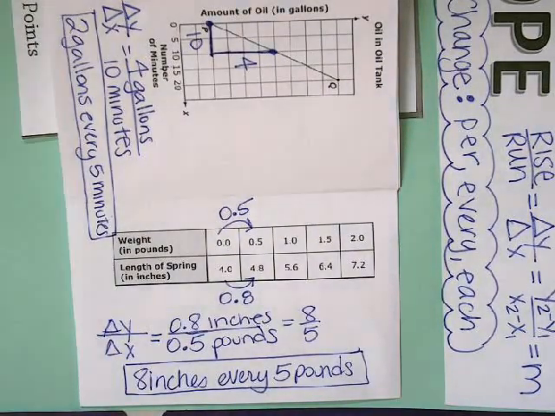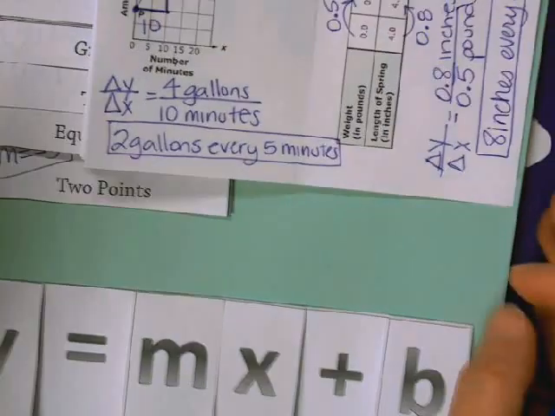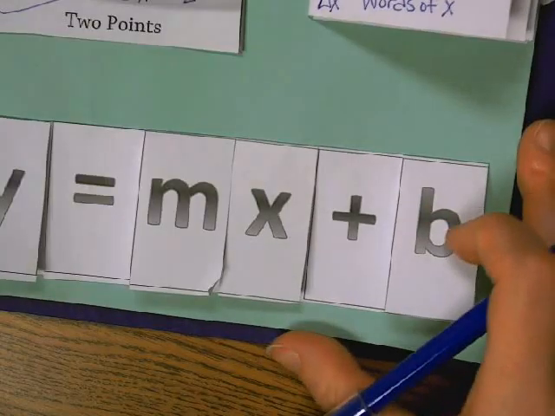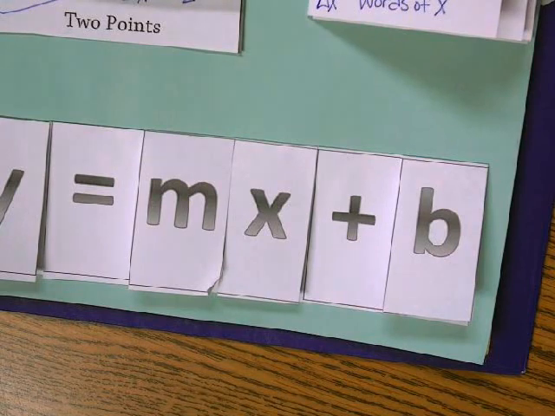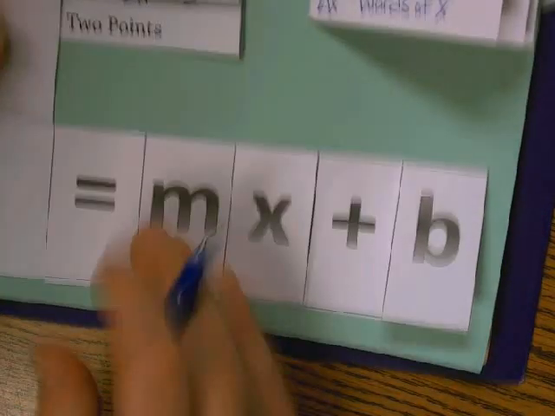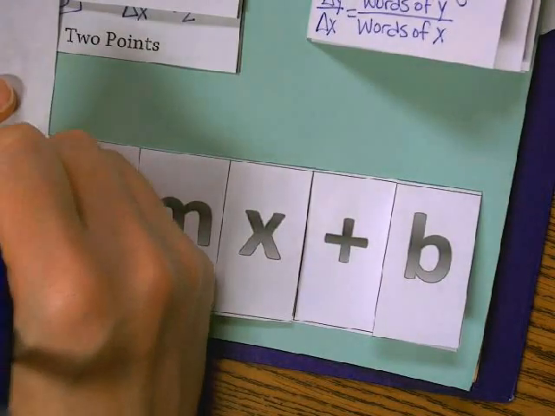Okay. All right. The last little foldable on this paper is this y equals mx plus b foldable, and really all we're going to do here is talk about what each of these parts mean and where they show up, okay? So in the y section, it's just the y value.